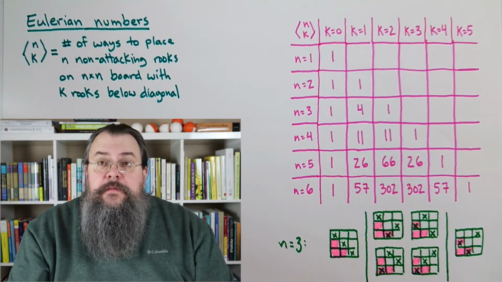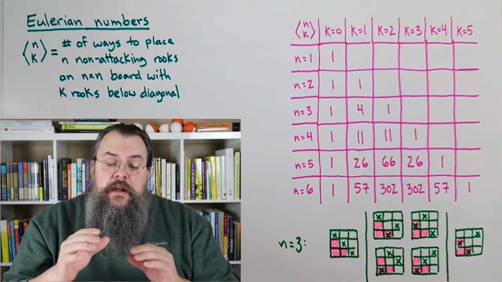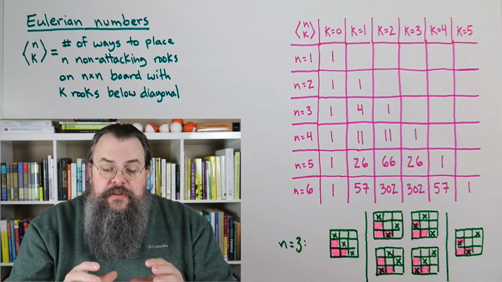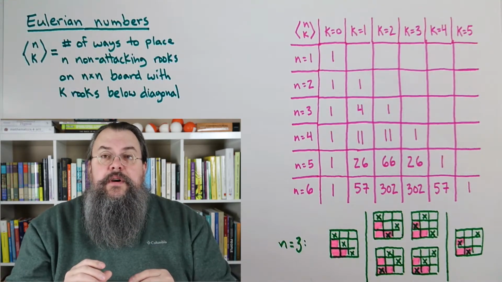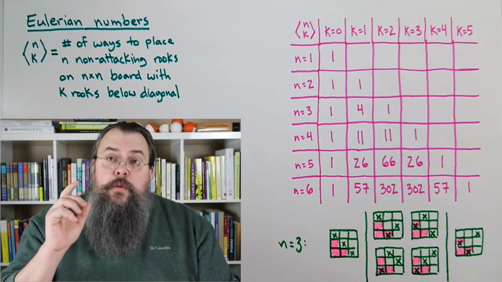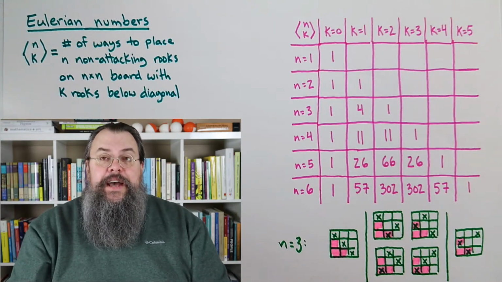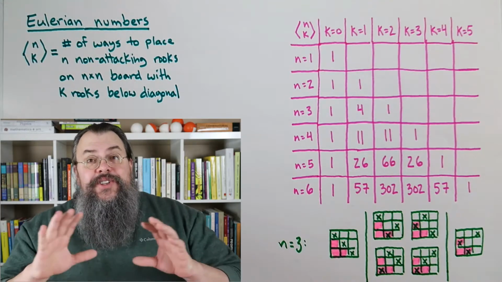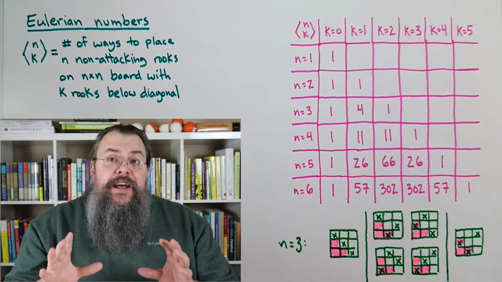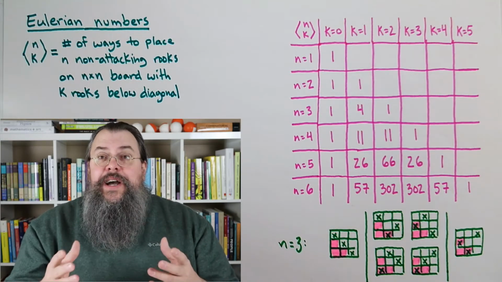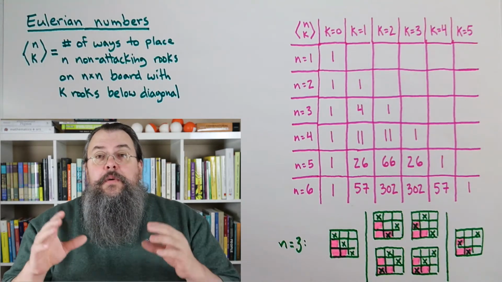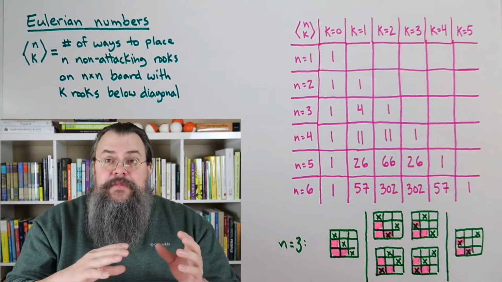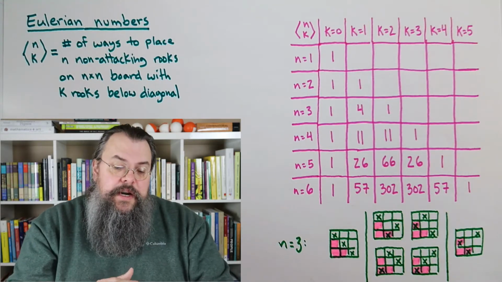And it's the number of ways to place n non-attacking rooks on an n by n board, in other words, populating the board as much as possible with k rooks below the diagonal. On a side note, this is not the way that most people define the Eulerian numbers. It is defined in a slightly different context. We'll talk about that on a different day. But for our purposes, that's how we're going to define it.